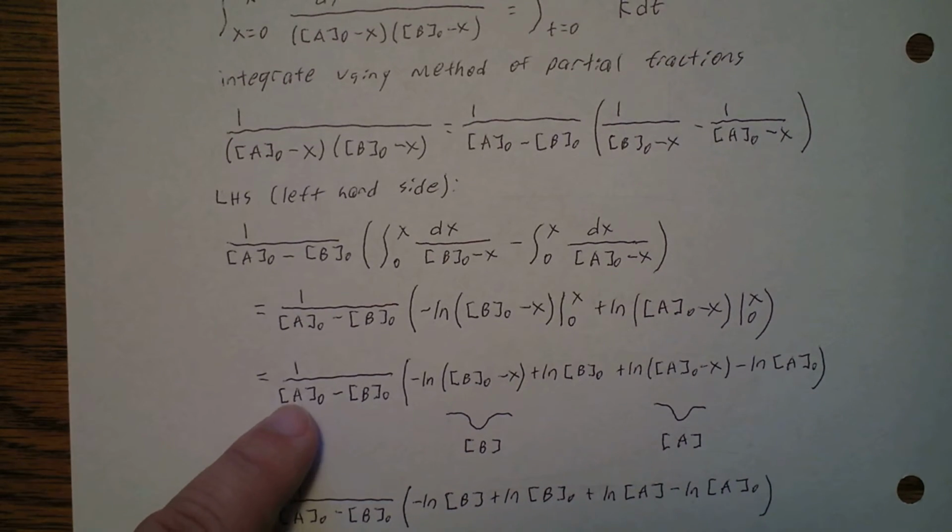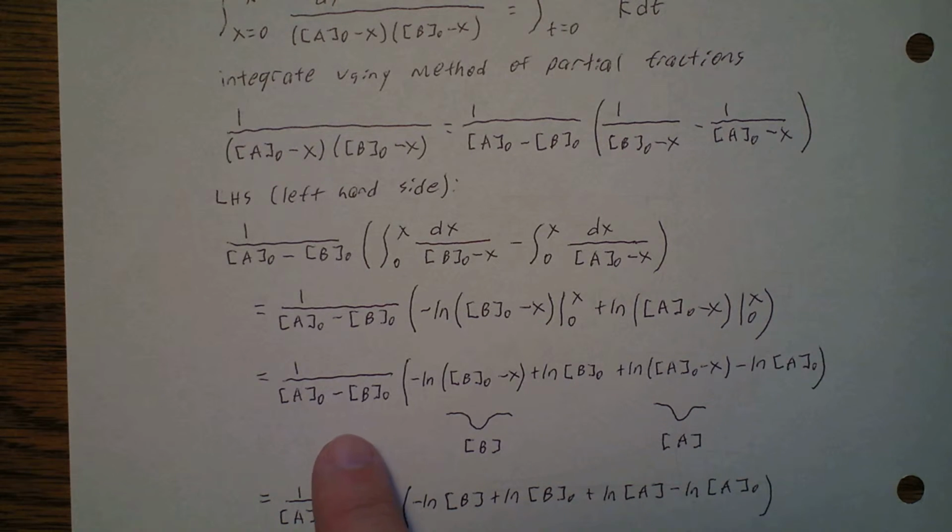Now we get 1 over the initial concentration of A minus the initial concentration of B times the natural log of the initial concentration of B minus x. This is actually the concentration of B, remember.